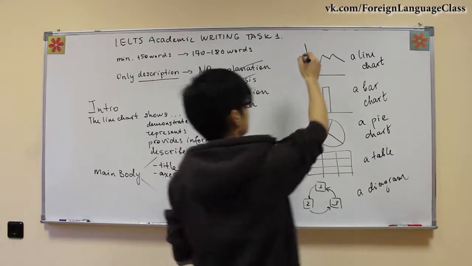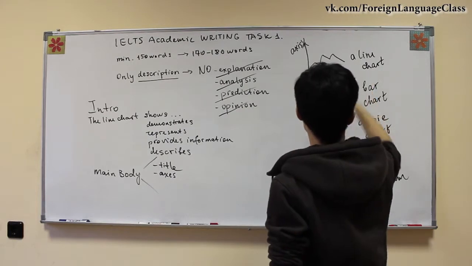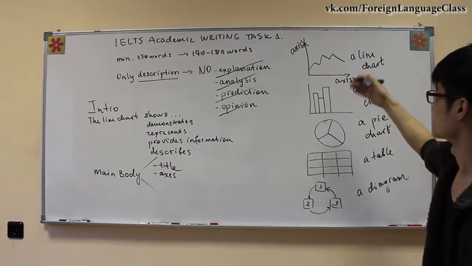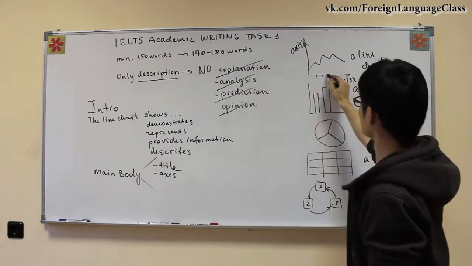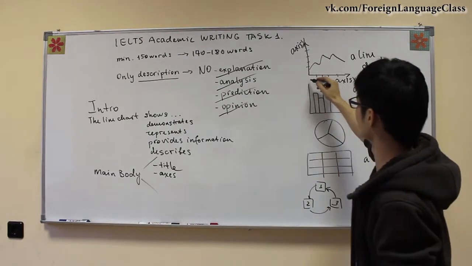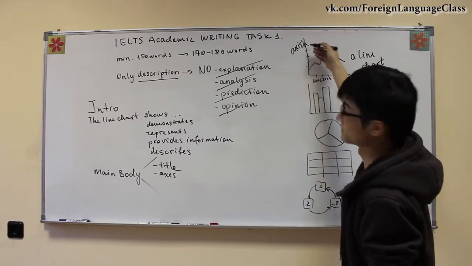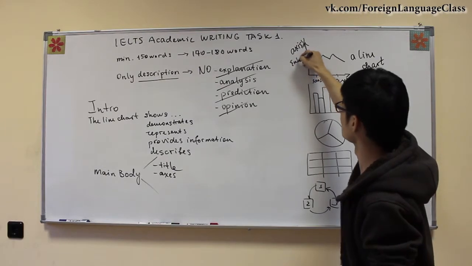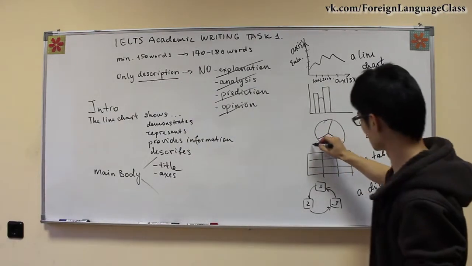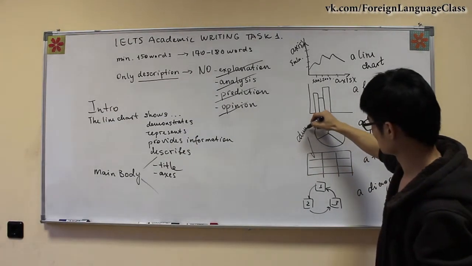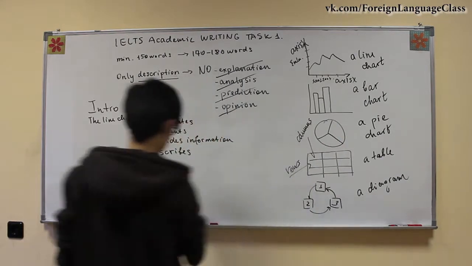If it's a chart, this is axis Y, this is axis X. Do not describe the structure of a chart or table in your writing. Just pay attention. What is here and what is here? For example, here years, and so on. Here amount of money in $1 million, for example. Or if it's a table, there are columns and rows. Okay, so pay attention to axes.